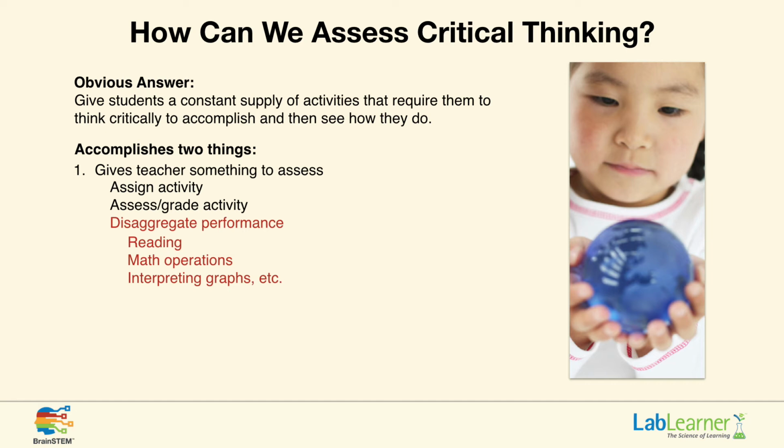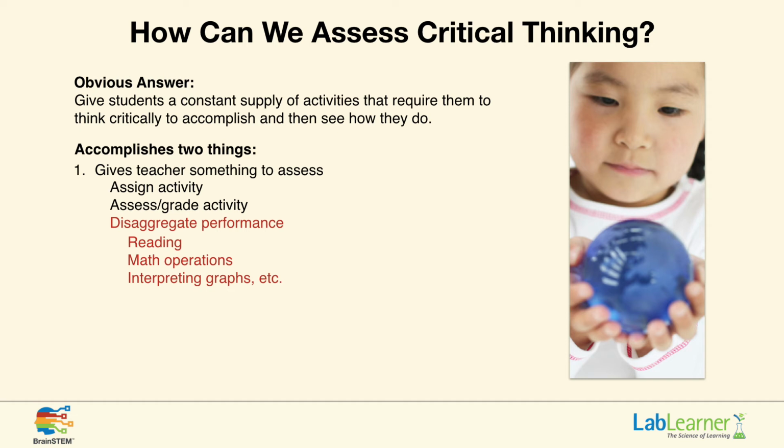It is this disaggregation that is going to ultimately be the most useful for us as educators, because we now have something specific. There's no point in showing children how to interpret graphs if they have no problem with that, and their problem was basically just reading the question right.